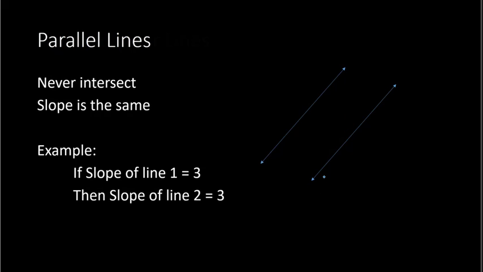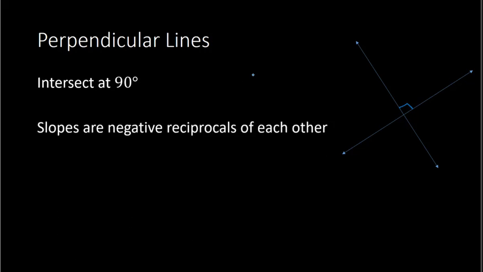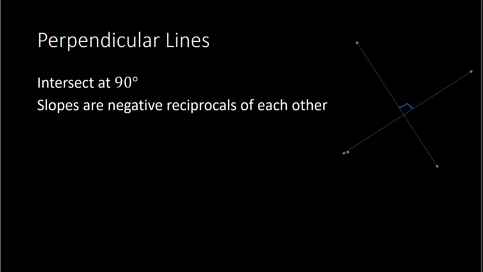Now perpendicular lines are two lines that intersect at 90 degrees. So right here we see two perpendicular lines, and notice they form a 90-degree angle. So with perpendicular lines, the relationship is that the slopes are negative reciprocals of each other.